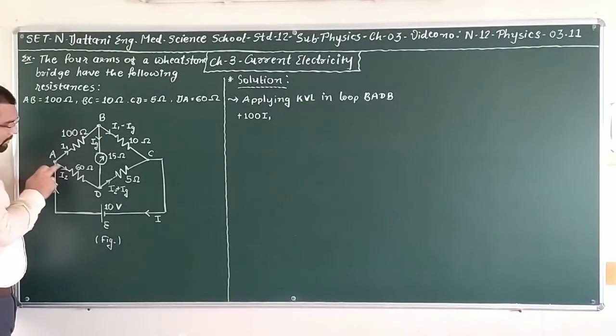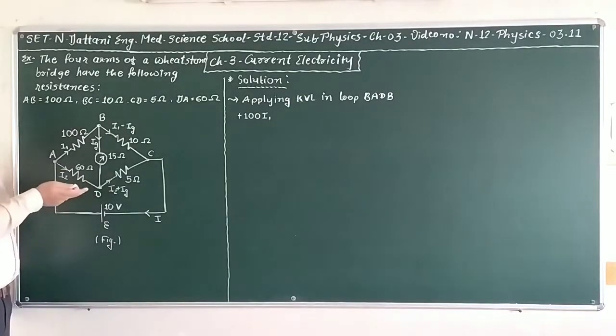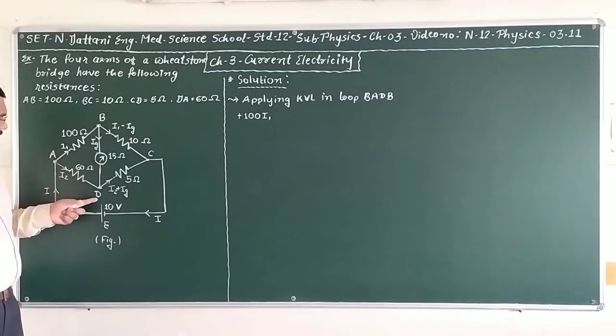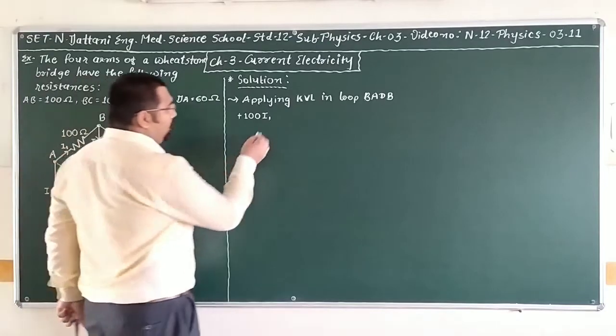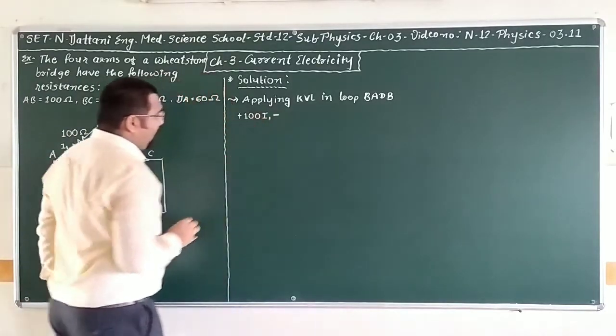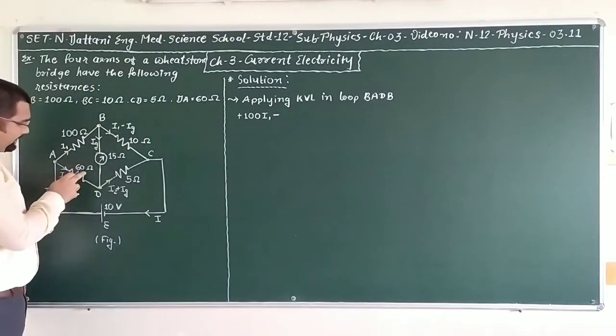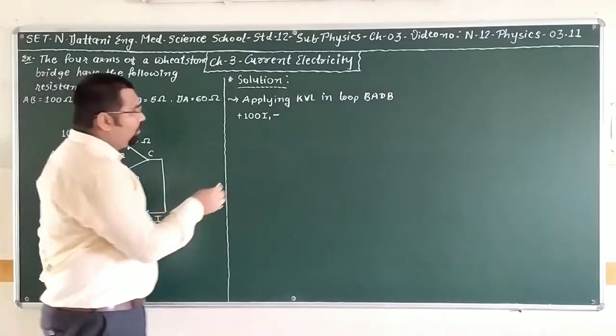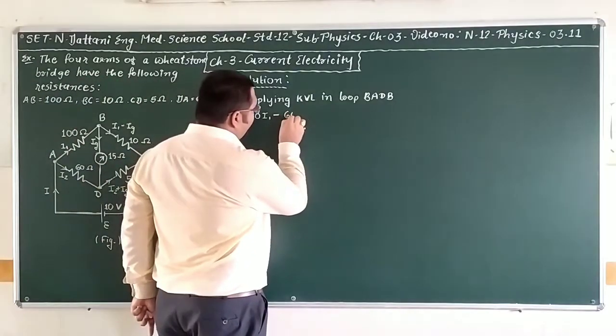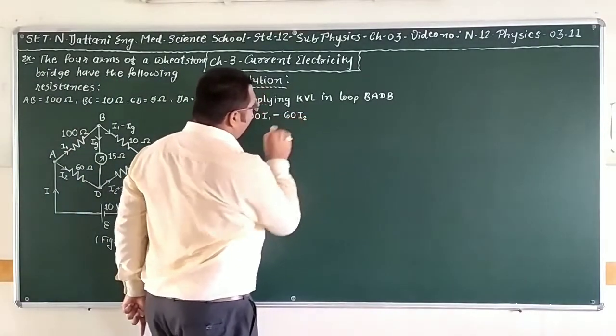Now we will go from A to D. Here the direction of our traveling is A to D and the current is also from A to D, so we will take a negative sign. Now 60 into I2, so we will write here 60 into I2.